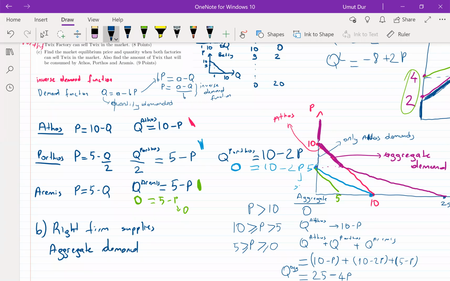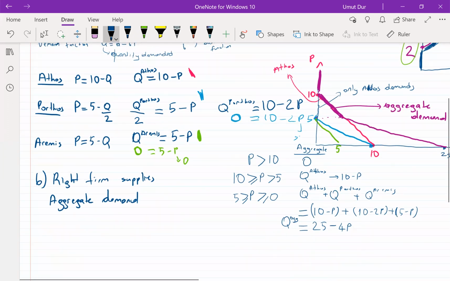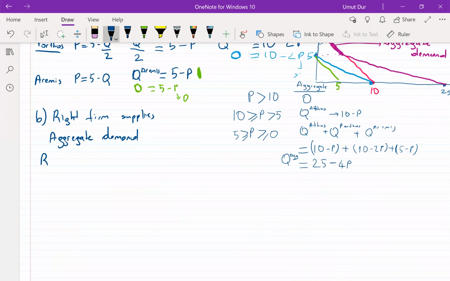Suppose I'm just looking for the very basic case, where we have the right firm and only RMS is in the market. This is the very basic case.